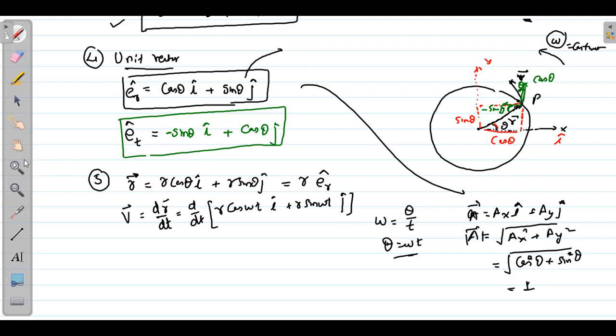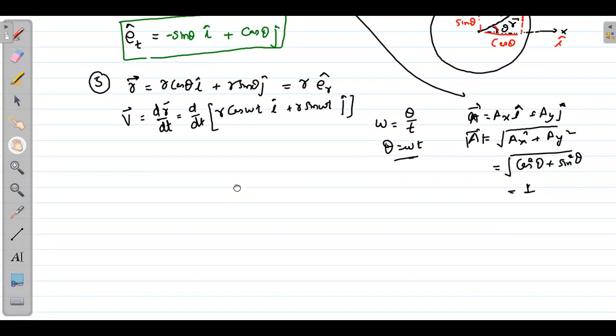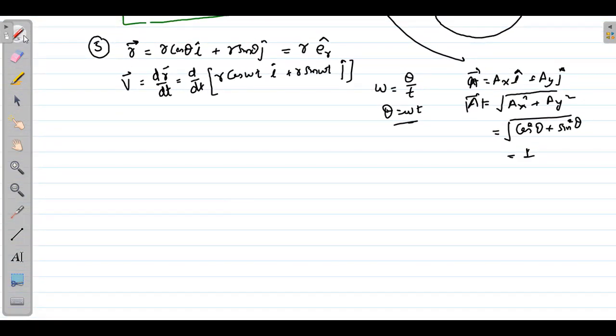And now we differentiate these. On differentiating, the constant term will be taken out: r is taken out, i is taken out, and then differentiate cos omega t.